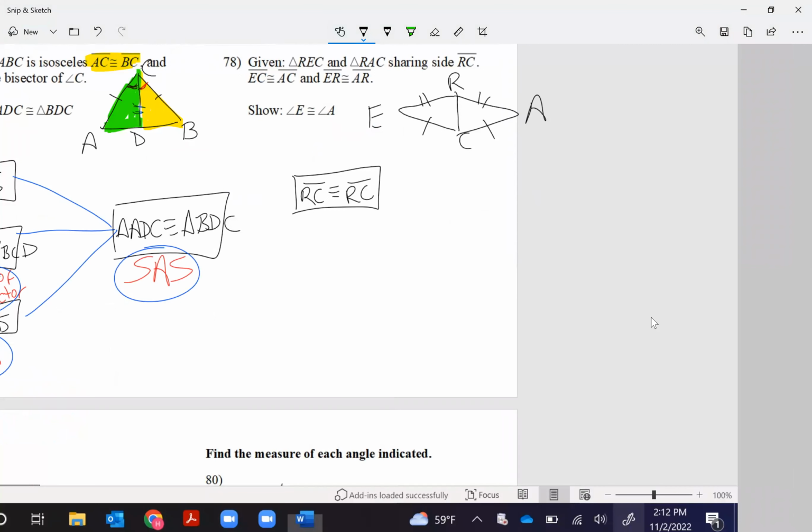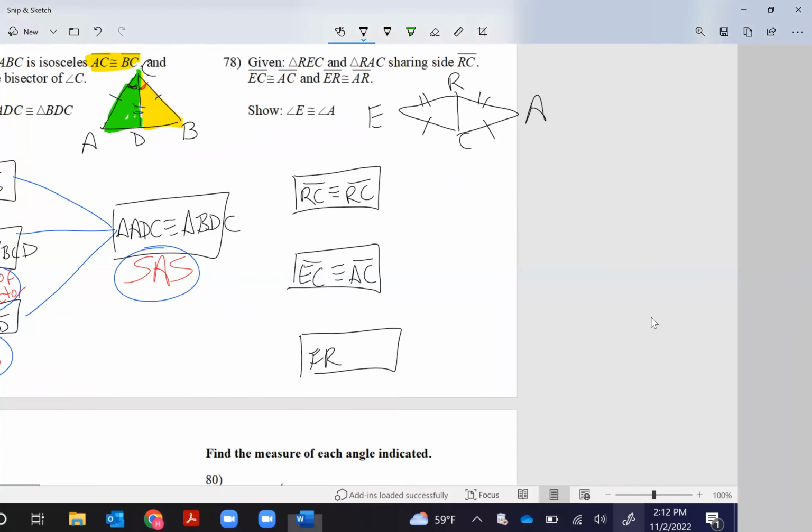Another statement that I'm gonna write is EC, the side EC, is congruent to the side AC. And as a matter of fact, I'm even going to write a third statement, and I'm going to say the side ER is congruent to the side RA. I gave you statements. You got to tell me why they're true.